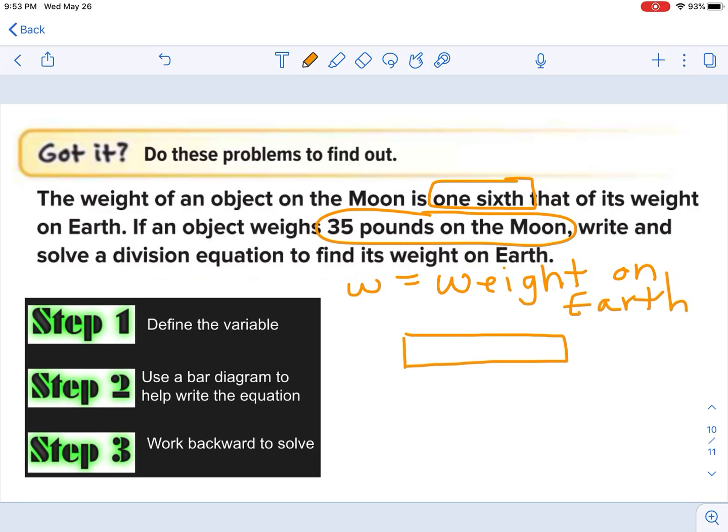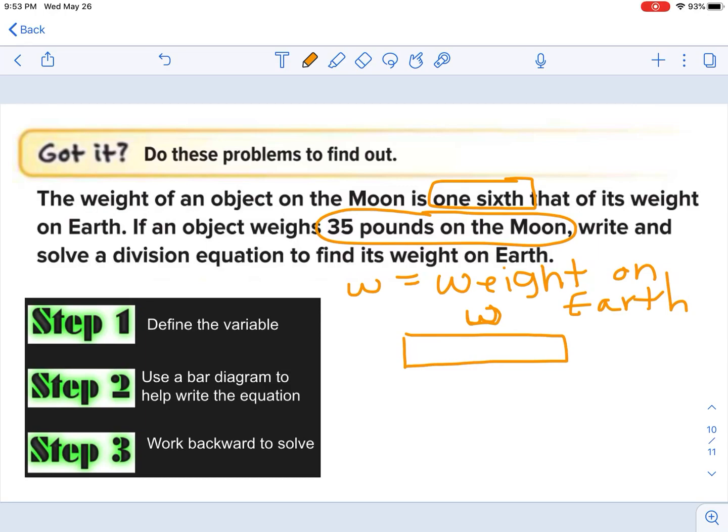So I know that something is 35 pounds. And we want to solve a division equation to find its weight on Earth. Okay? So it's 35 pounds. Whoops. I keep messing these up. I should have looked at this better. Okay, so I don't know the weight on Earth. So I'm going to leave that as weight on Earth.